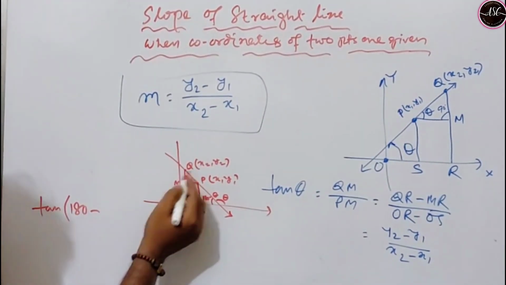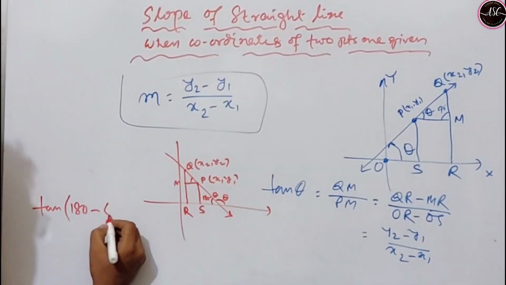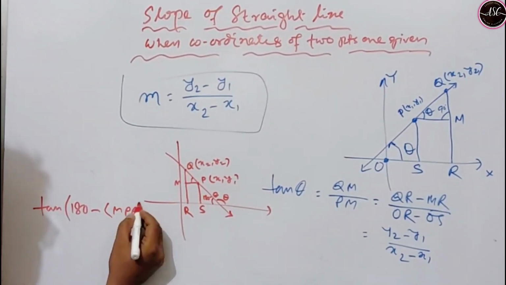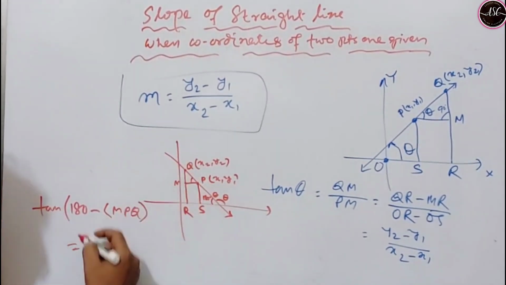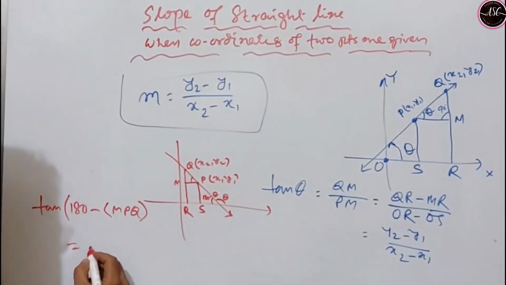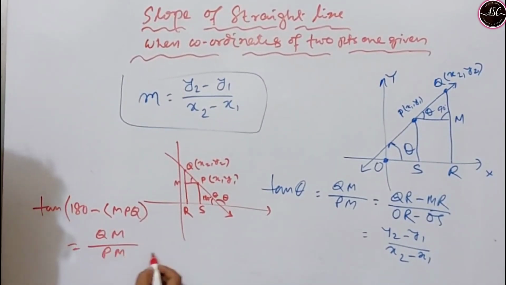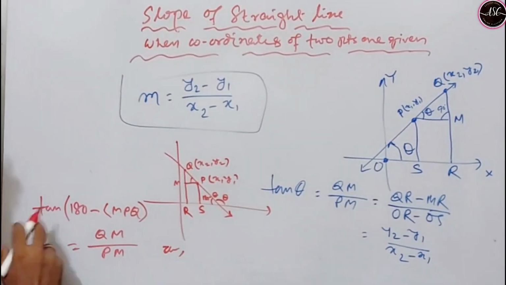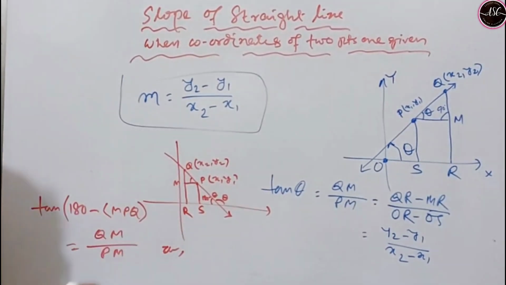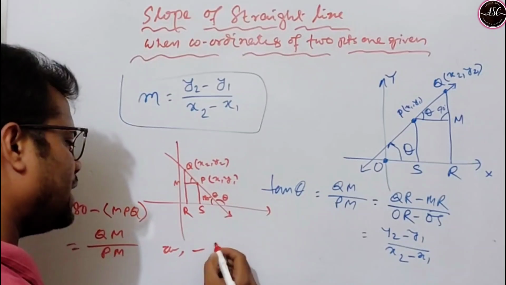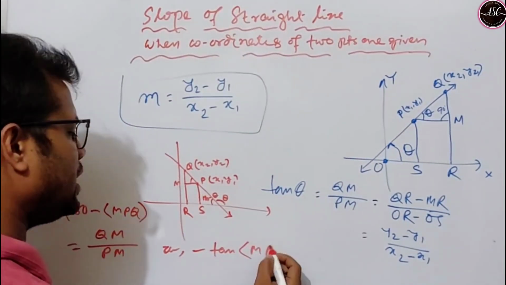So tan of 180 minus theta, this angle MPQ, equals perpendicular divided by base, that means QM divided by PM. Or tan of (180 minus MPQ), as we have known in trigonometric functions, is minus tan of angle MPQ.